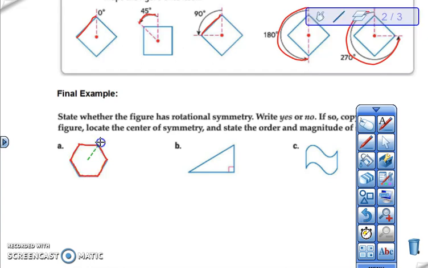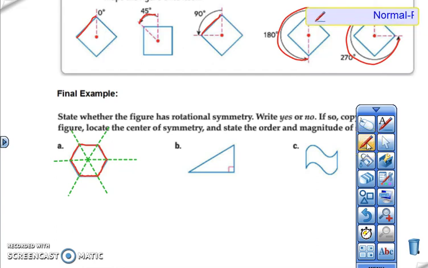So let's take a point in the middle and draw lines to each of the vertices. That last one didn't come out perfectly straight, but as you can see, if I cut at each of the vertex points from the center, I create 6 equal spaces.